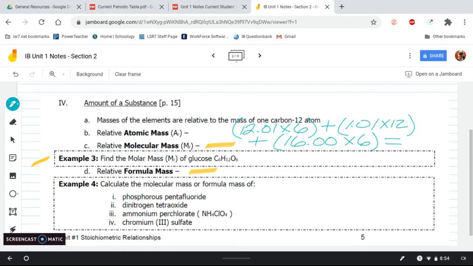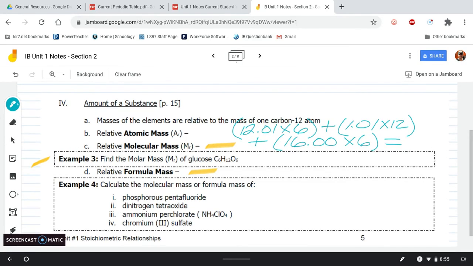We hit enter, and we get 180.18. We're not going to do anything with sig figs on these. When you're doing stuff with periodic table values, we're just going to use them as is. So that's going to be 180.18 grams mole minus 1.